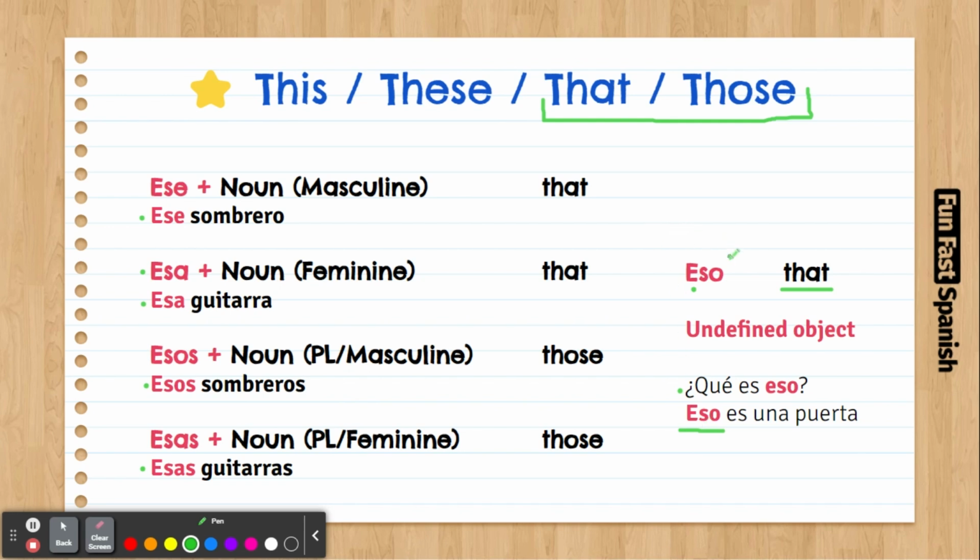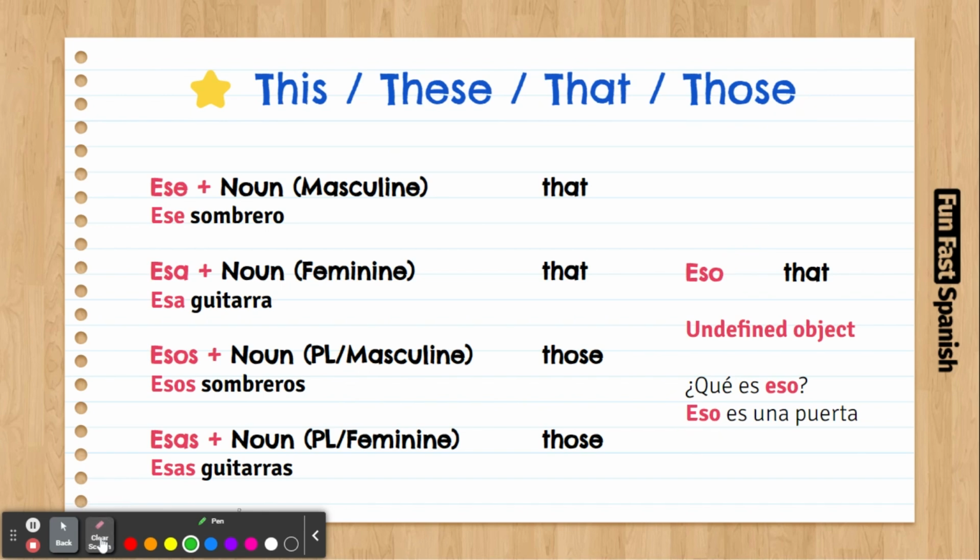Also, eso for the undefined object, you can also use it for situations, attitudes, like let's say, "I don't like that." No me gusta eso. Like the situation or the attitude or that thing that happened. So eso is used in this way too. And that will be it. So that's the difference between this, these, and that, those.